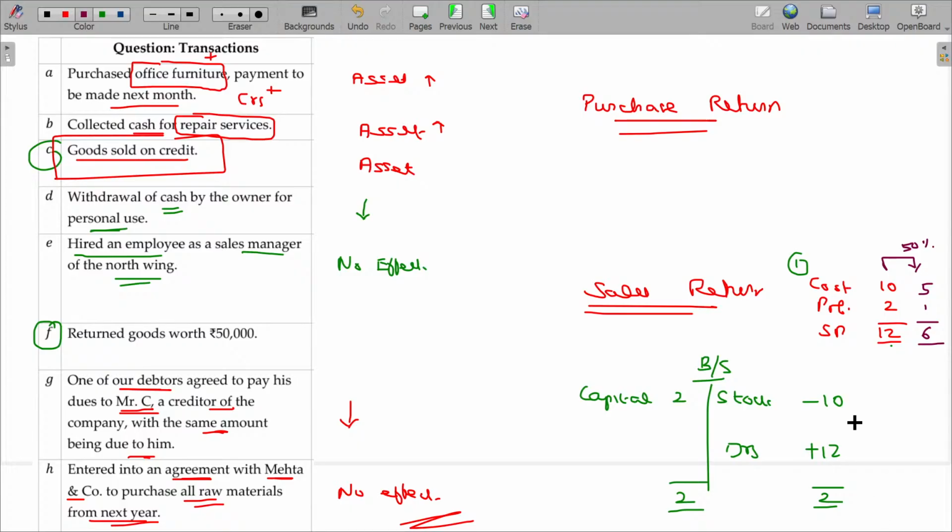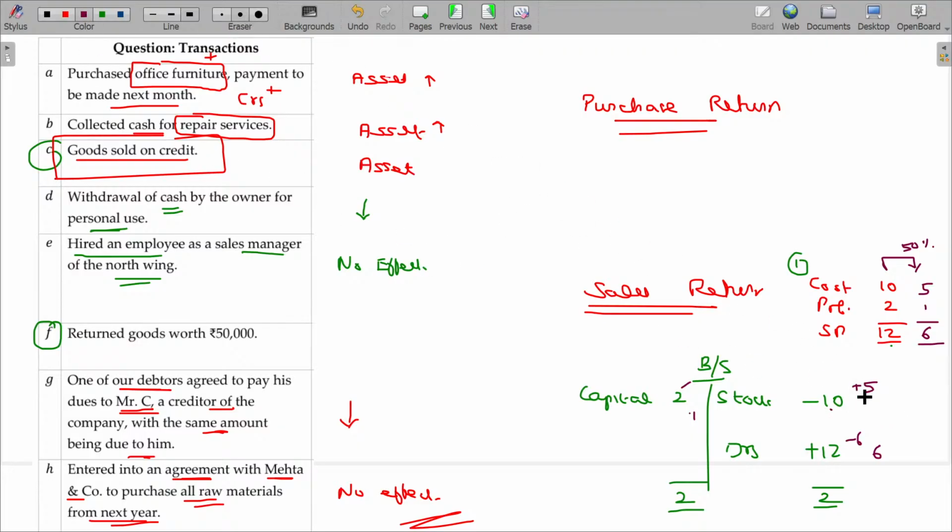Because of the sales return, what could be the impact? Stock increases by 5, then it becomes 15. Debtors decreases by 6, then it becomes 6. Capital decreases by 1, now it becomes 1. Is that okay? So now, what happens here?